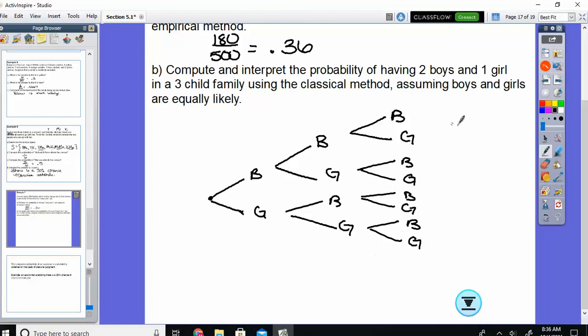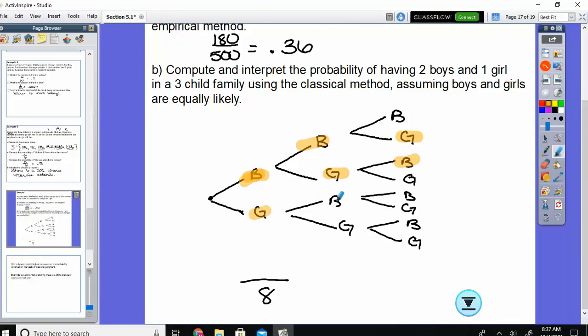So, when I look at this, how many options are in my final branch? 1, 2, 3, 4, so my total is out of 8. I want the ones that have 2 boys and 1 girl. So we could go boy, boy, girl. That would be 1. We could do boy, girl, boy.